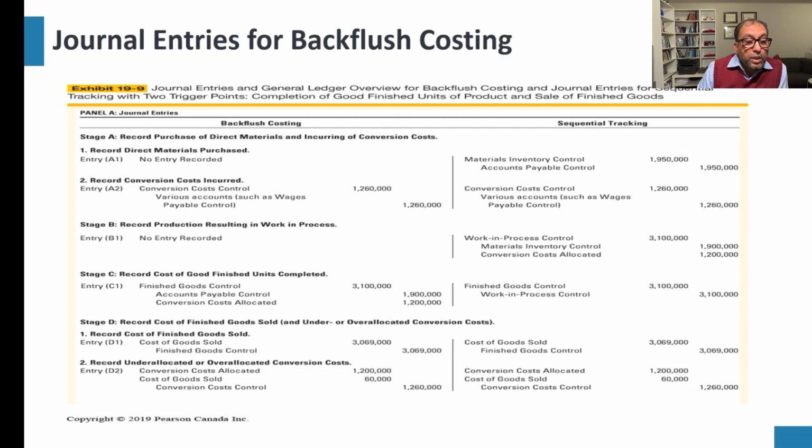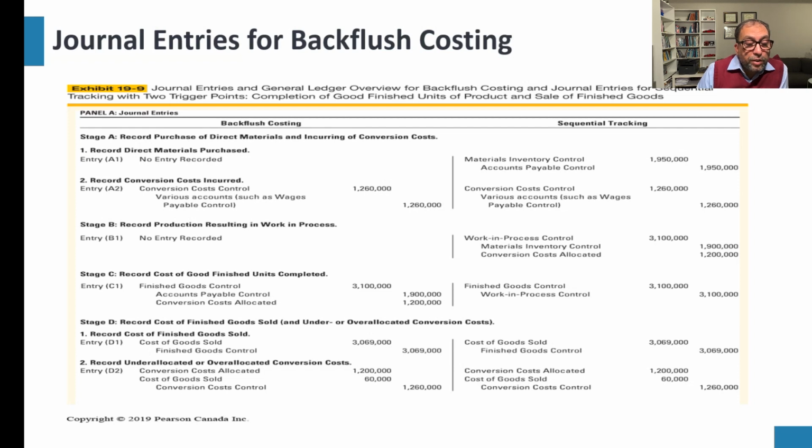So we see here that there is no entry for direct material purchases, but in sequential tracking, we have an entry like direct material inventory control debit, accounts payable credit. Then conversion cost incurred: conversion cost control debit, various accounts such as wages payable credit, and the same is the case with the sequential tracking method.